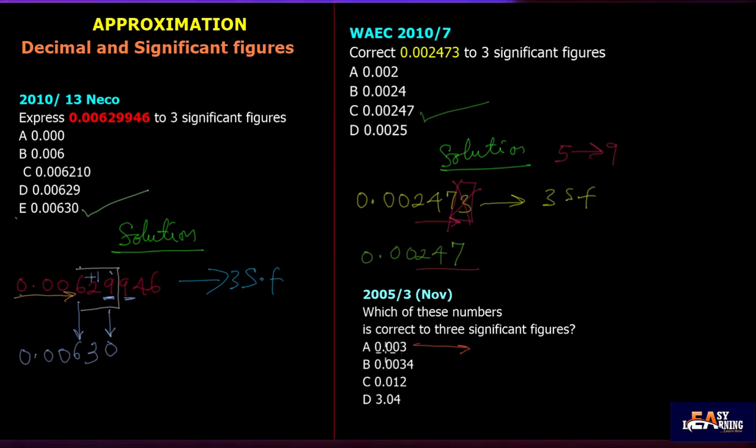Place of decimal, remember in our earlier class, we said is the digit after the decimal point. That's 1, 2, 3. It's 3 places of decimal. Now, for significant figures, leading zeros are not counted. So this one here is 1 SF, 1 significant figure. That's not what we are looking for.